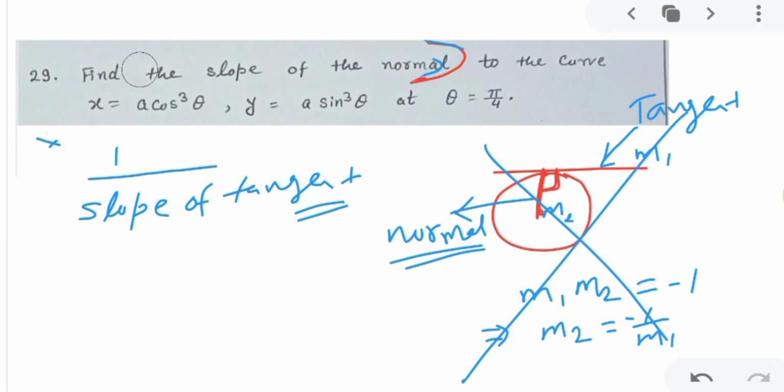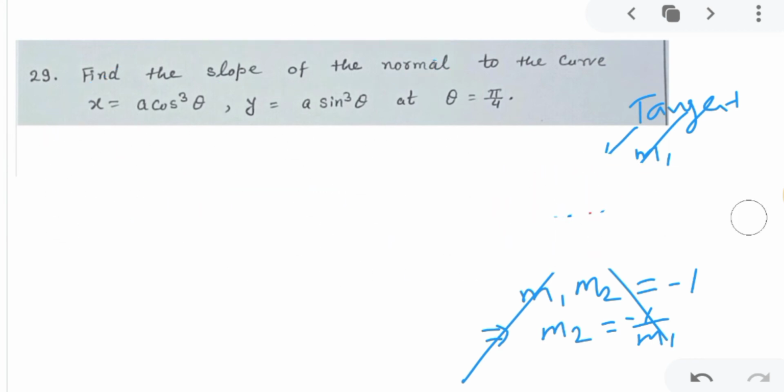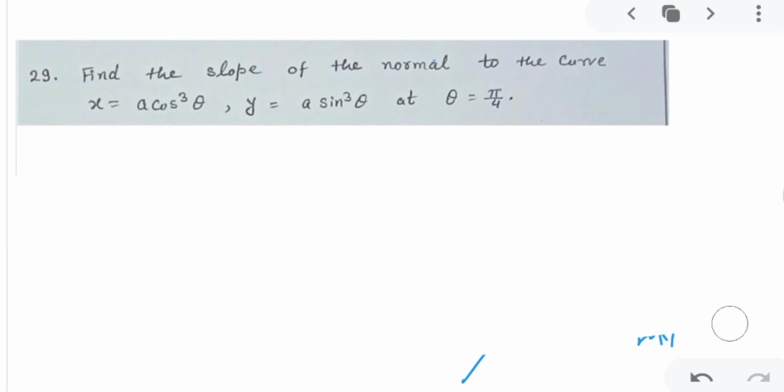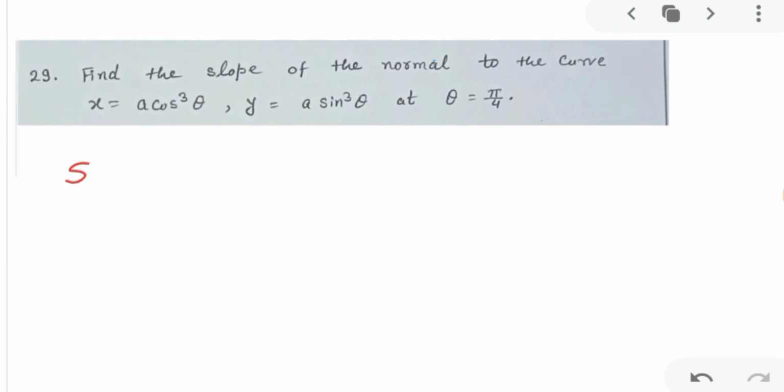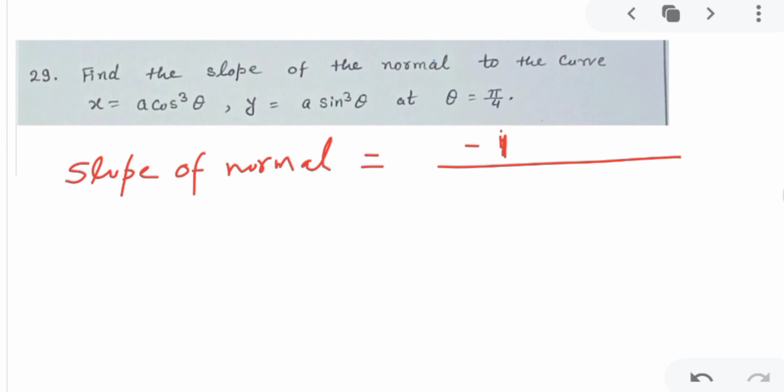Okay, so I am writing it clearly so that you can write this as a formula. The slope of the normal to any curve, obviously, I'm talking about any curve, is nothing but minus 1 divided by the slope of tangent.